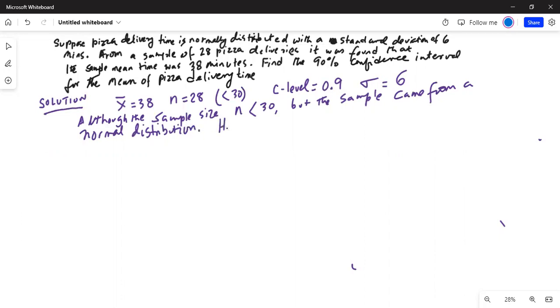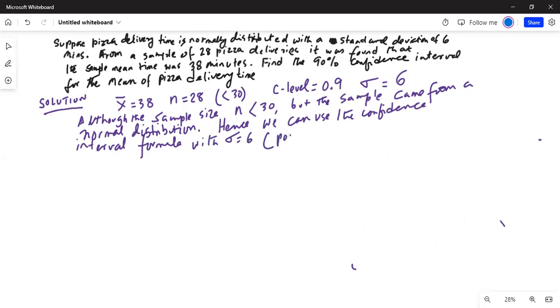Hence, we can use the confidence interval formula with sigma equal to 6, that is, population standard deviation known. Standard deviation is known. Population standard deviation known.